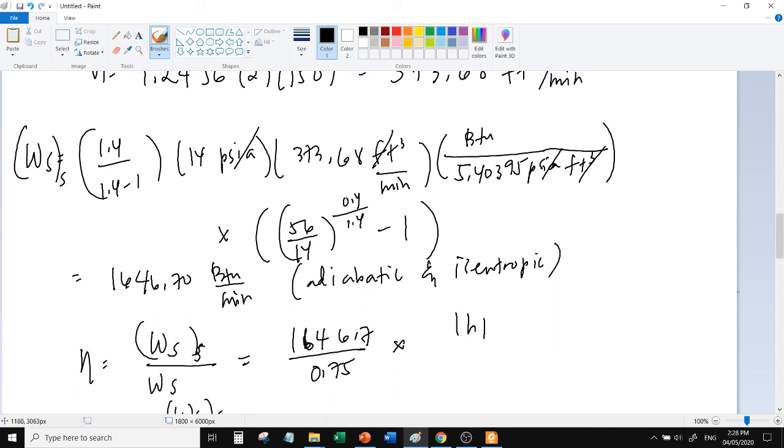Horsepower na, convert na natin, BTU per minute. So, ang makukuha ay 51.77 horsepower.